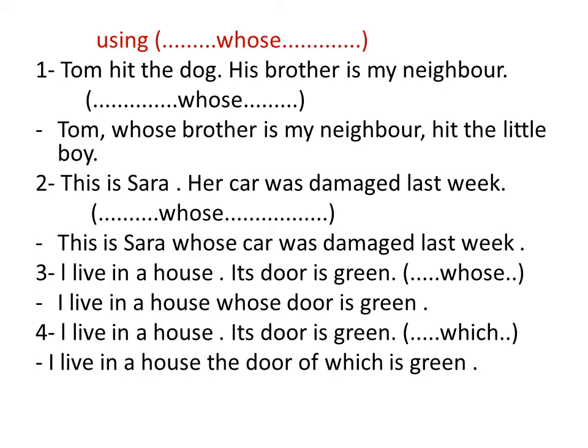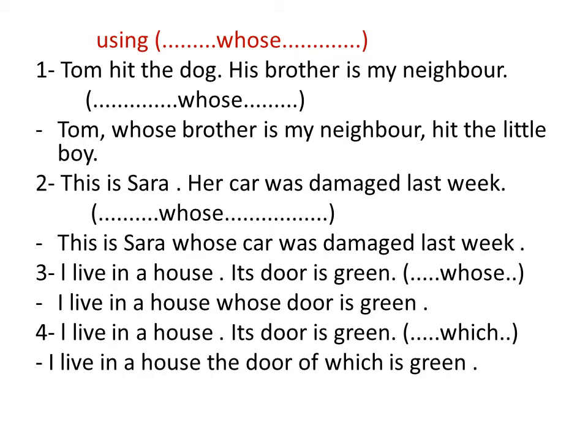So we will omit the possessive adjective her, and we will put whose after the noun Sarah. So the answer will be, this is Sarah whose car was damaged last week.